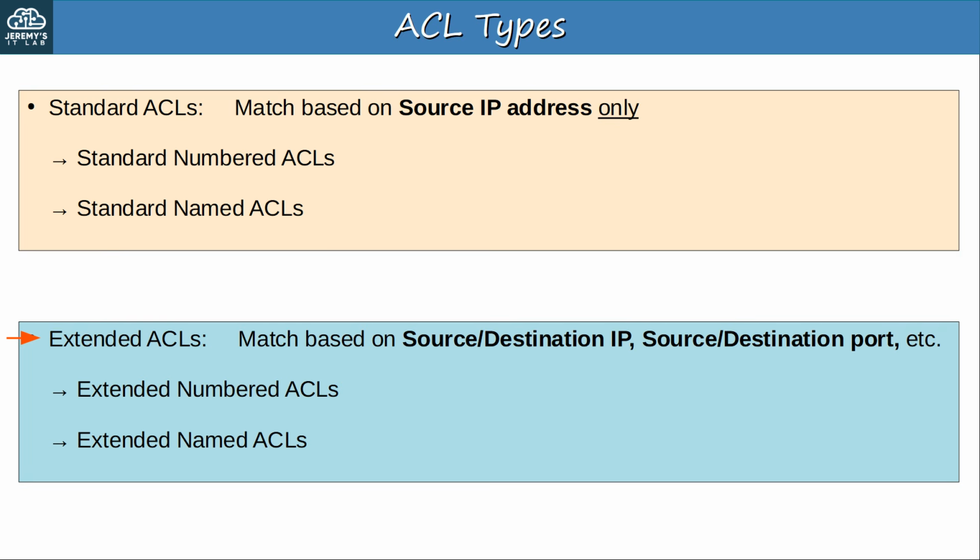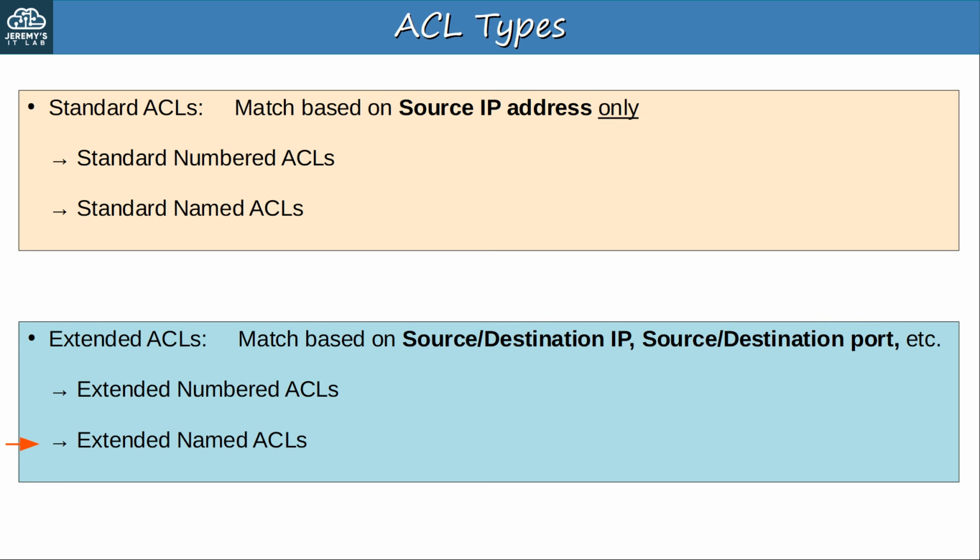In addition to standard ACLs, there are also extended ACLs. These are more complex and can match based on source and/or destination IP address, source and/or destination port numbers, as well as some other things. Like standard ACLs, there are numbered and named versions of extended ACLs too.